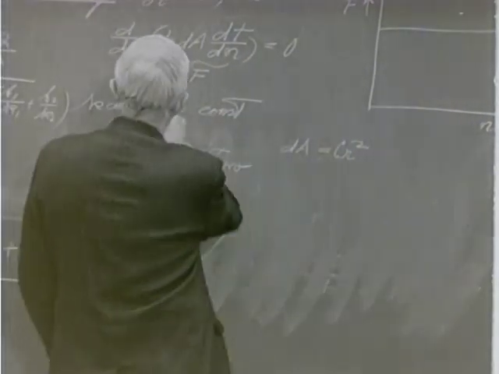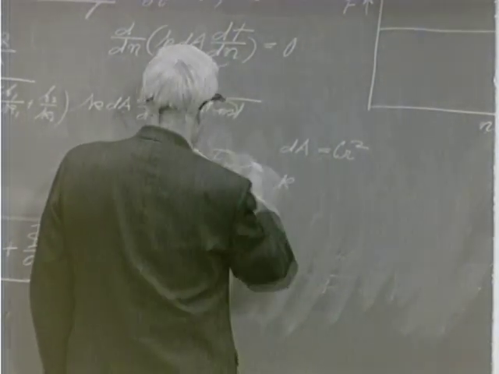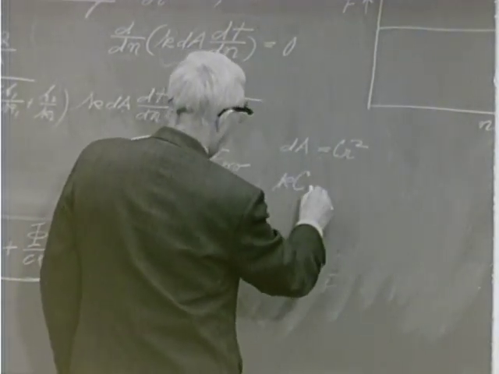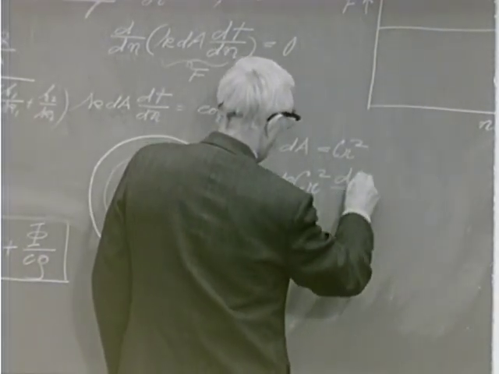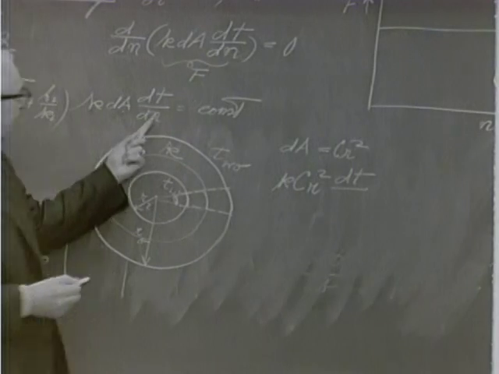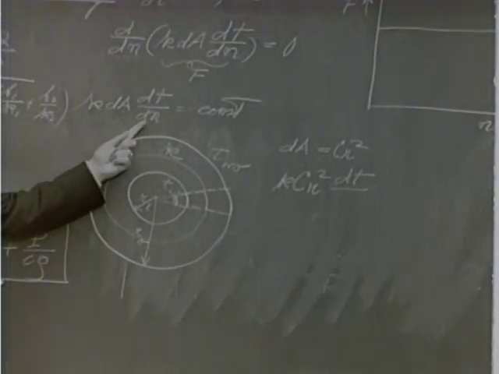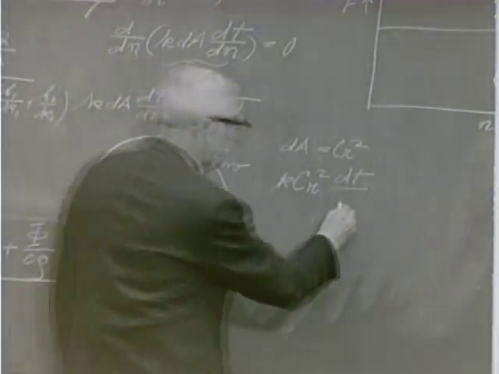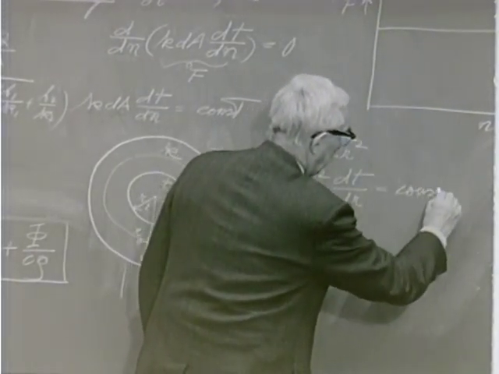Well, maybe we just can finish up. Then I have to write k times C times r squared times dT. Now, the direction of the heat flow lines is the radial direction, so I write for dn, dr, is equal to a constant.